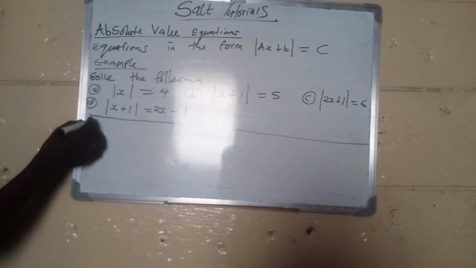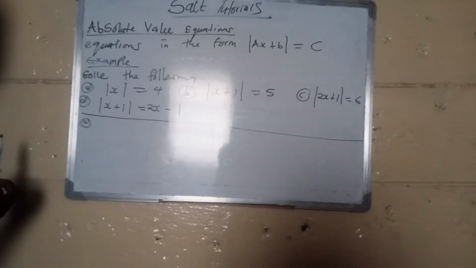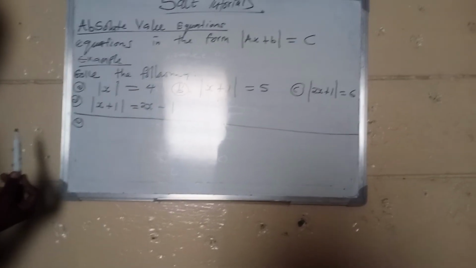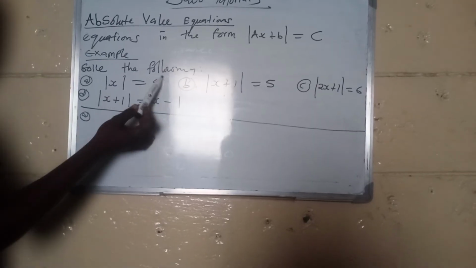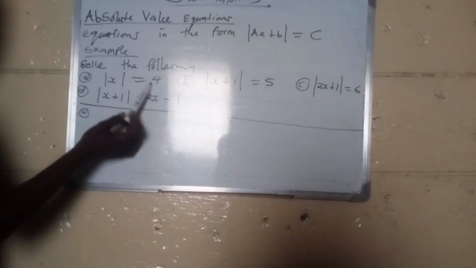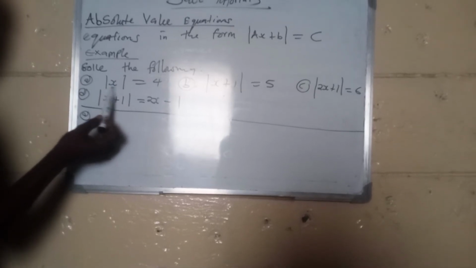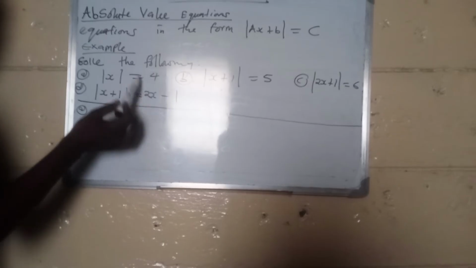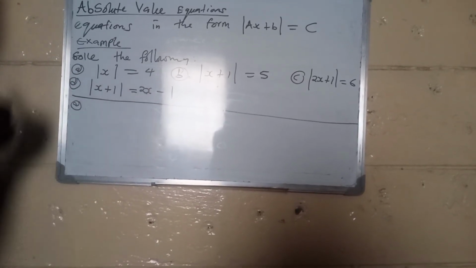A, we're simply using the information in the definition of absolute value. The definition says that whatever is under the absolute value can be positive of that or negative of that. So whatever value x takes, when we put the absolute value it should come out to be positive 4.